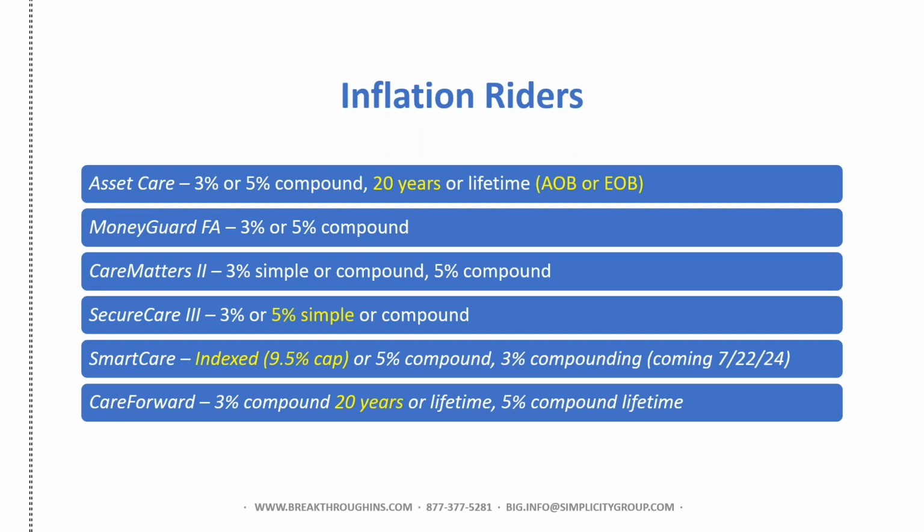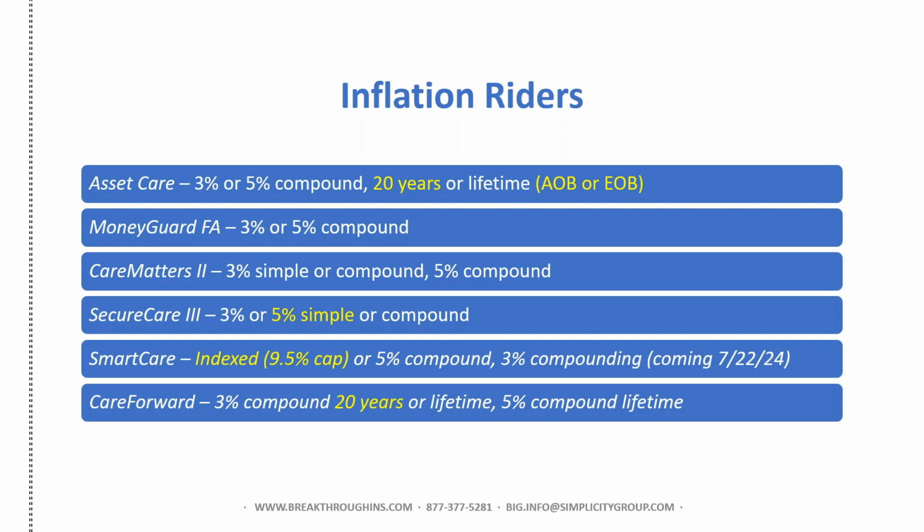Now, that requires your client to take a little bit more risk if they're willing to do that. And again, historically, what it looks like is this will outperform, say, 3% compound over longer periods of time. So I think if I was recommending this, I would only recommend it to younger people.